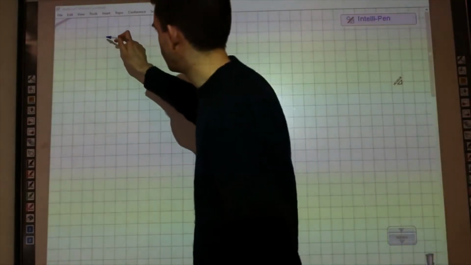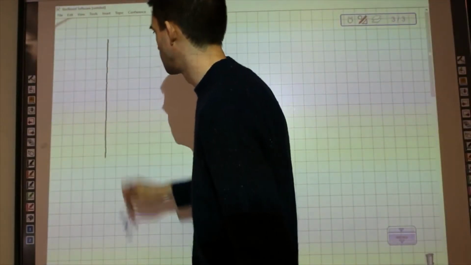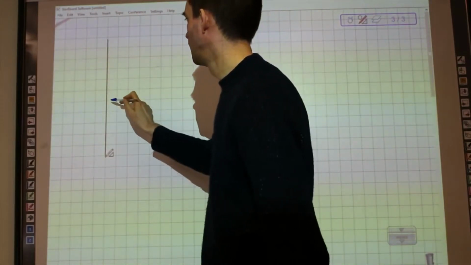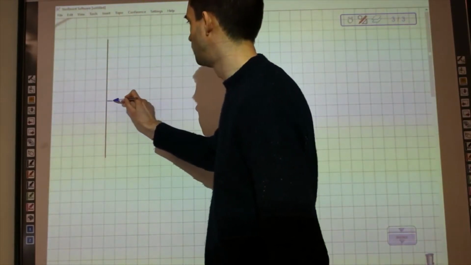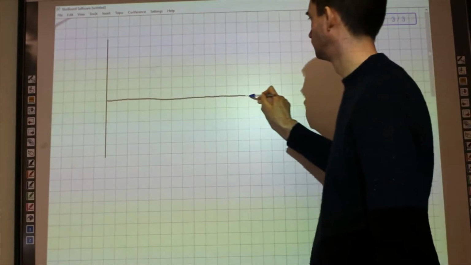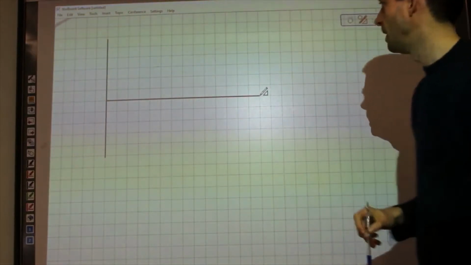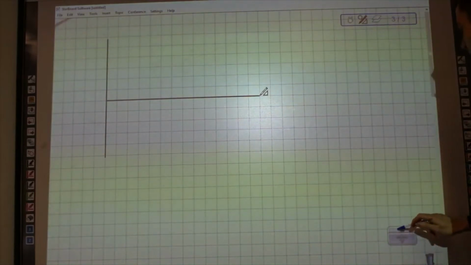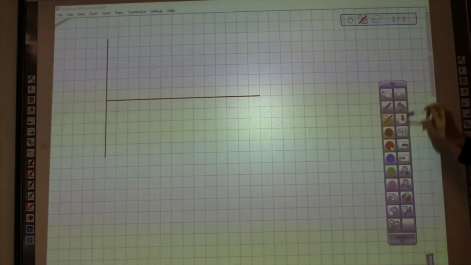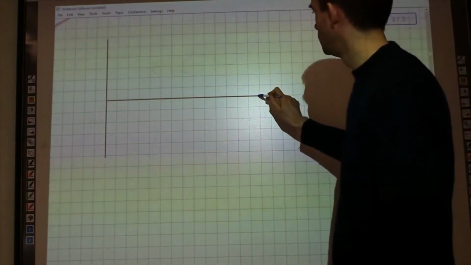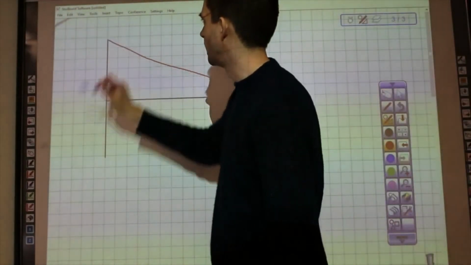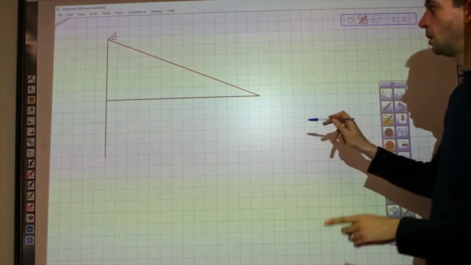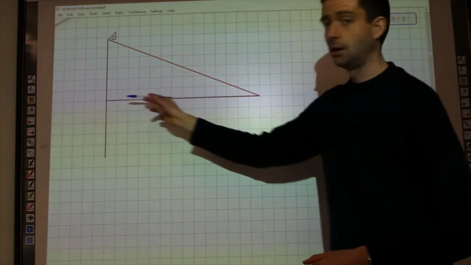First of all then, we have a vertical wall, and then we have a uniform plank, AB. And then we have a light inextensible string which is holding that plank horizontally.